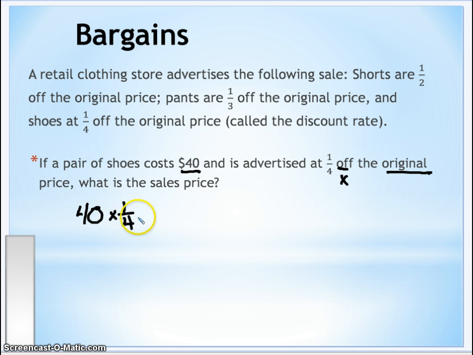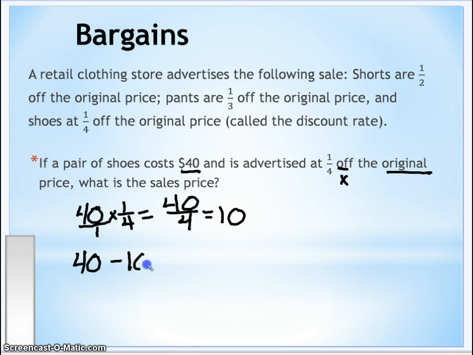So 40 times 1/4. Well, we know we have to take this 40 over 1, so that is equal to 40 over 4, which is then equal to 10. So we know that's $10 taken off. Well, then if it originally cost $40 and you're taking $10 off, then the cost will be $30.